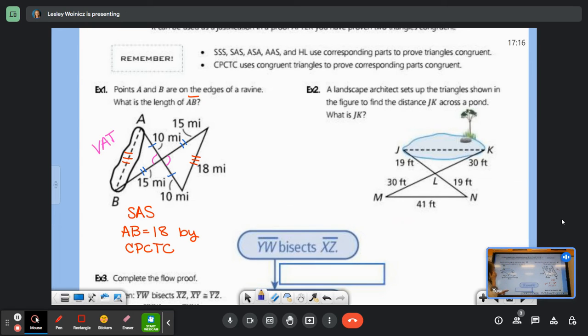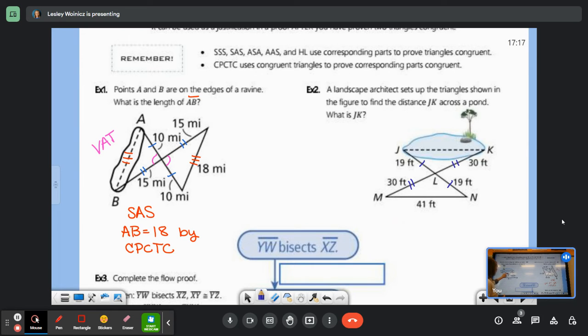All right, here we have a landscape architect setting up the triangles shown in the figure to find the distance, JK, across a pond. Okay, so he's not going to walk through the pond with a measuring tape. So we want to be able to find another way to get that distance. So we know that 19 is congruent to 19. We know that 30 is congruent to 30.